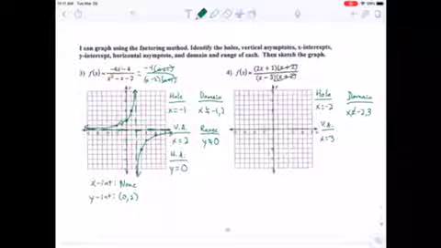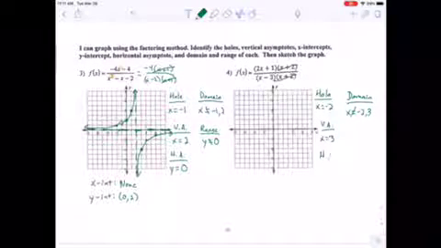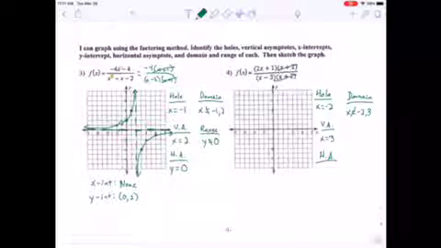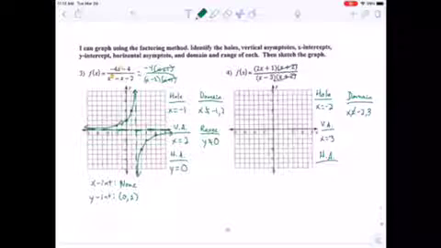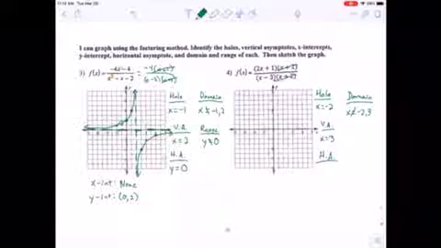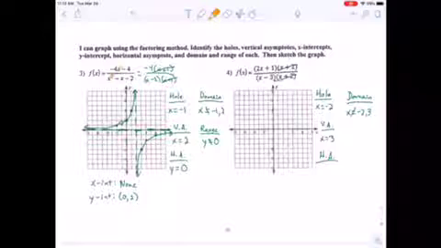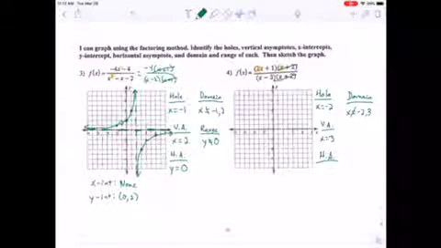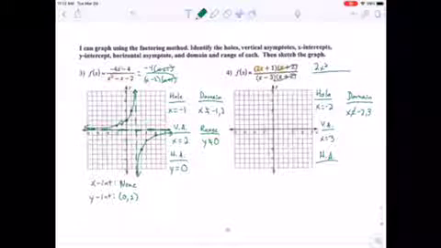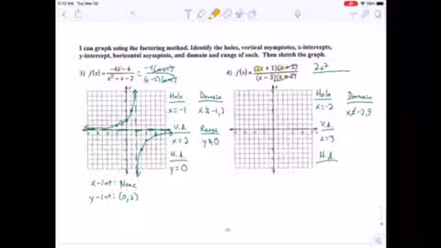Alright, so now the horizontal asymptote. If you remember back, we have to compare the leading term of the numerator and the denominator. So basically, what we have to compare is take this term times that term, and we get 2x squared, because that would be the leading term of that polynomial.